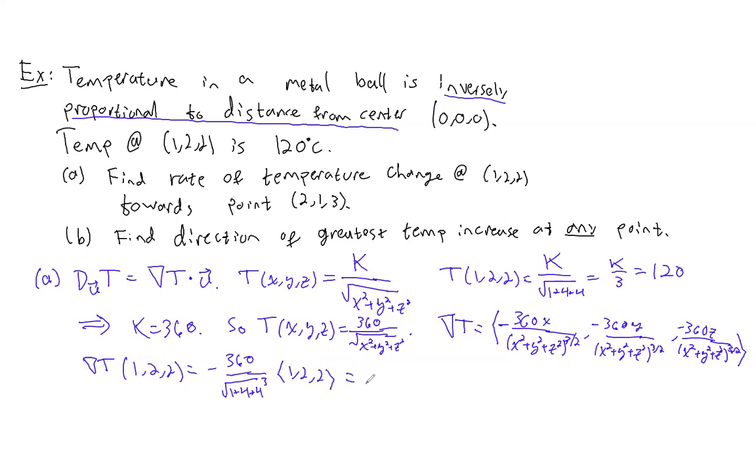Let me re-express that a little bit: negative 360 over 27 times 1, 2, 2. Dividing both by 9, that becomes negative 40 over 3 times 1, 2, 2.